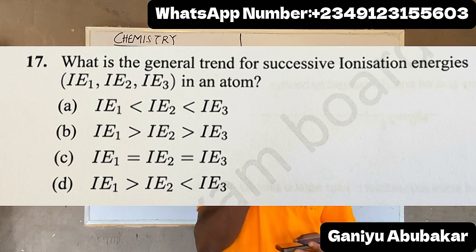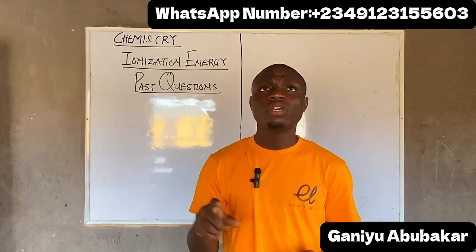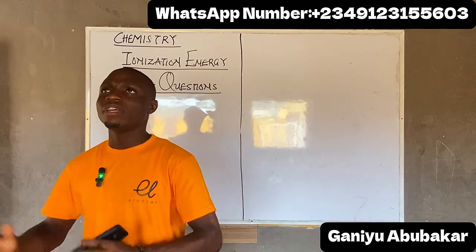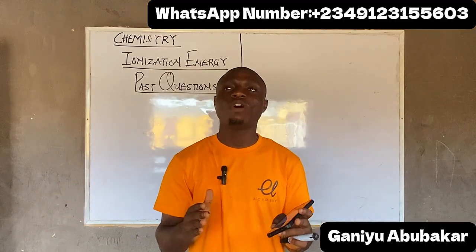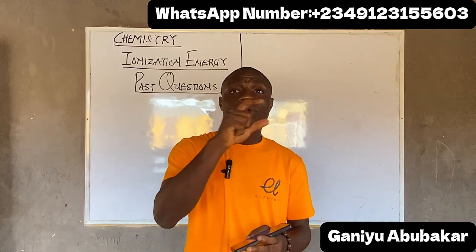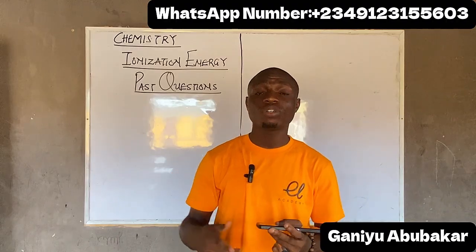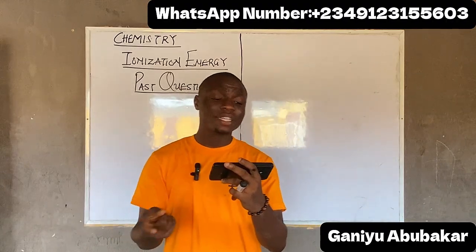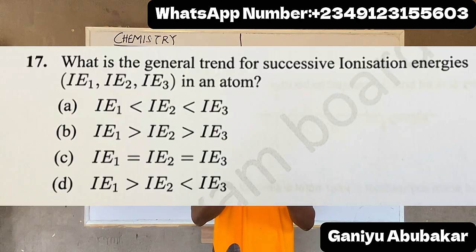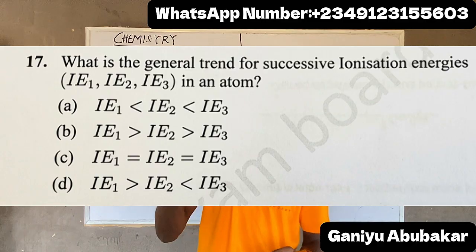Now, if you check your third IE, I gave you a conclusion, right? I gave you IE1, IE2, and IE3. So there was a symbol there of greater than or less than, right? So you have to pick which one corresponds with the pattern of your first, second and third IE. I'll leave the options on the screen. So you pick your answer and leave it in the comment section of this video.